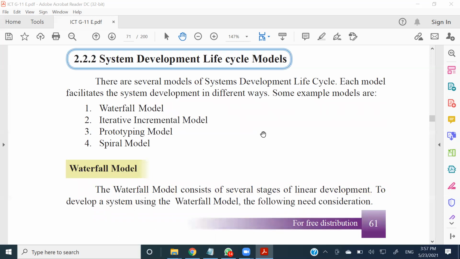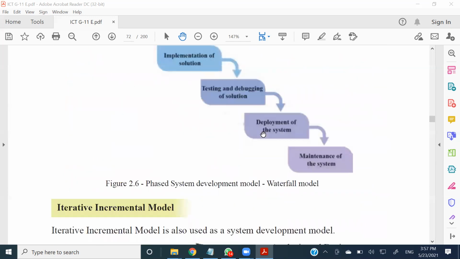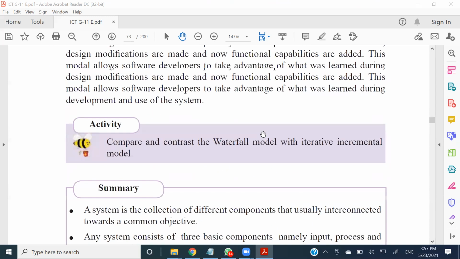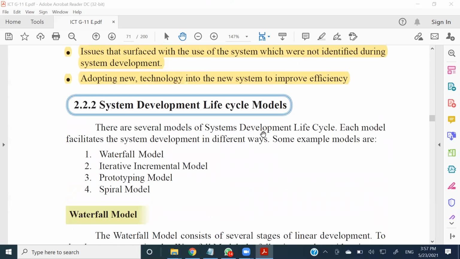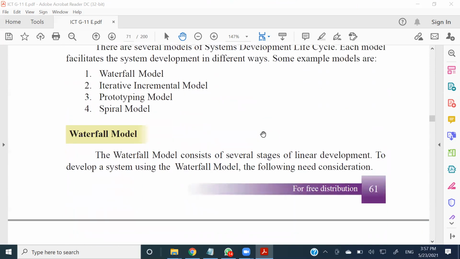There are many different models regarding the system development life cycle. Here you have been given 4 types of them and described only 2 of them, as I remember. The first one is the waterfall model, then the iterative incremental model, prototyping, and spiral.